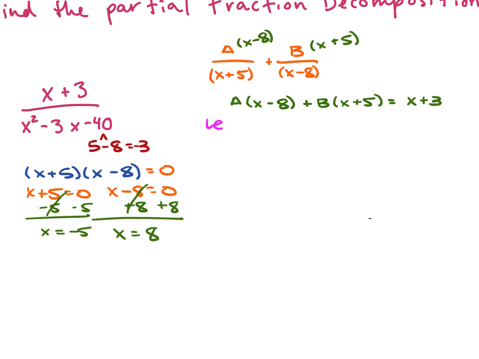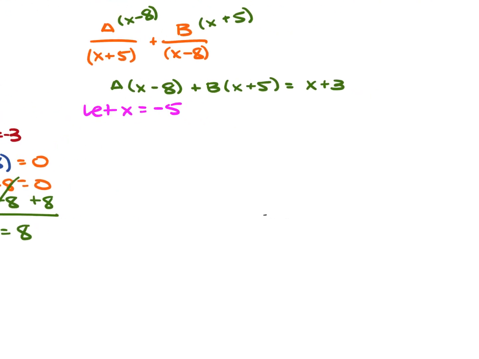You're going to let x equal negative 5. You're also going to let x equal 8. To start, use the negative 5 for x, so you're going to have a times (negative 5 minus 8) plus b times (negative 5 plus 5) is equal to negative 5 plus 3.